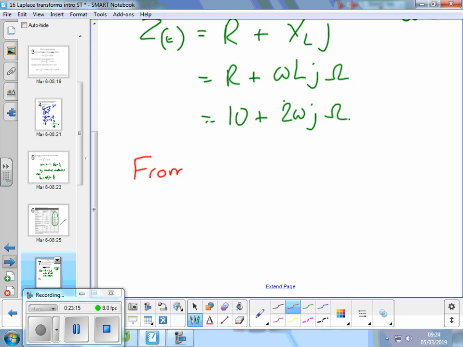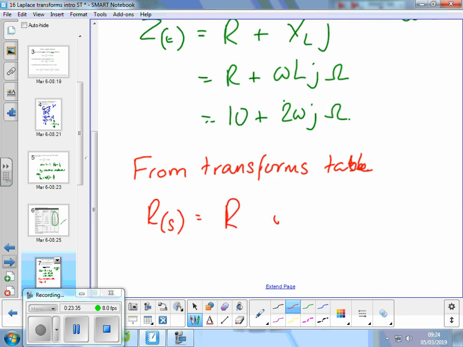From the transforms table, R of S is equal to R and L of S is equal to L times S. So what we're saying is the resistor in the S domain is just equal to whatever the value of R is.